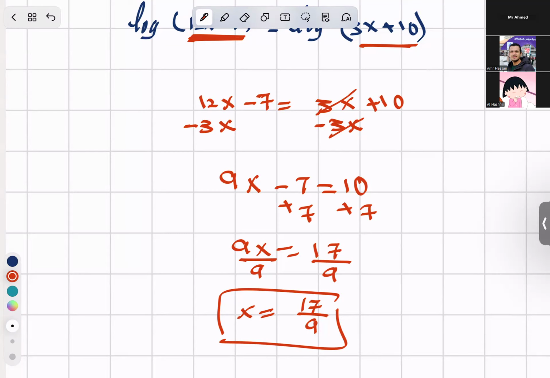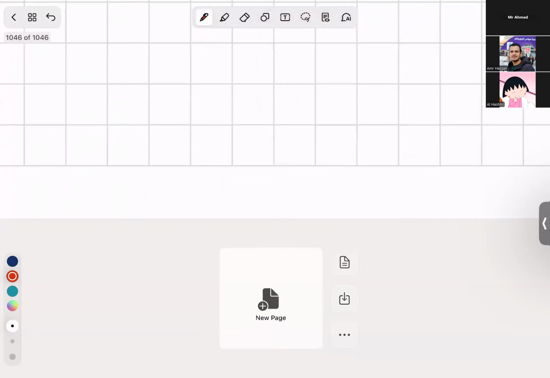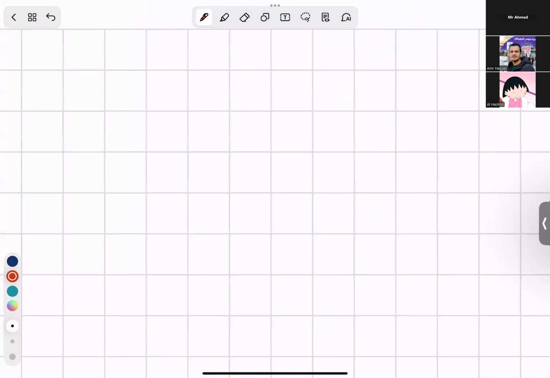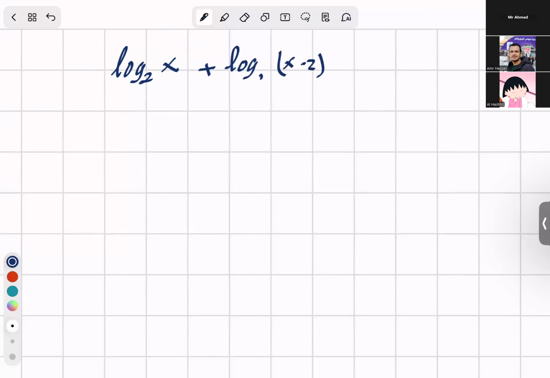So let me go a little bit further to something else. This is like the last example that we learned and discussed together. This time I need to make a little discussion to find out how we could do it together. Even if we have logarithm base 2 of x, and on the other side logarithm base 2 of x minus 2, equals 3.